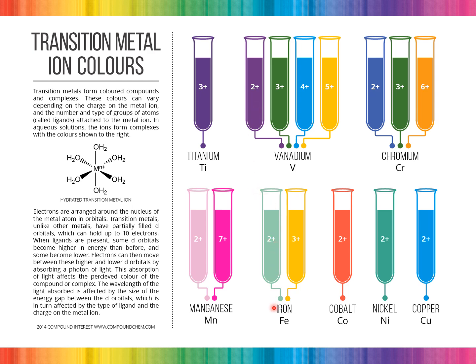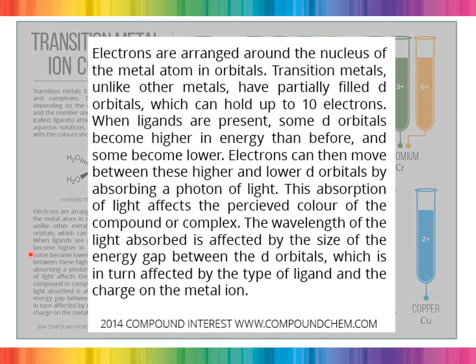Some of these colors we have seen quite often in our practicals already. But I want to bring your attention to the words here. In particular, I'm going to zoom into a paragraph. It says that for colors to appear for a transition metal ion, you need to have ligands, and when you have ligands, some of the d orbitals become higher in energy than before, and some become lower.